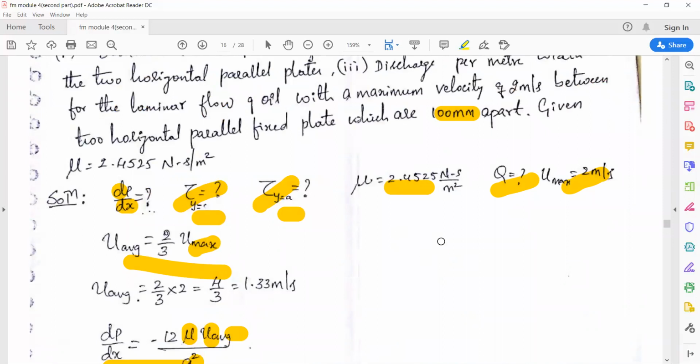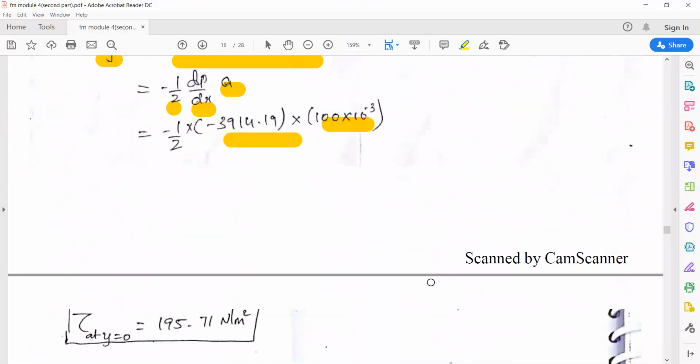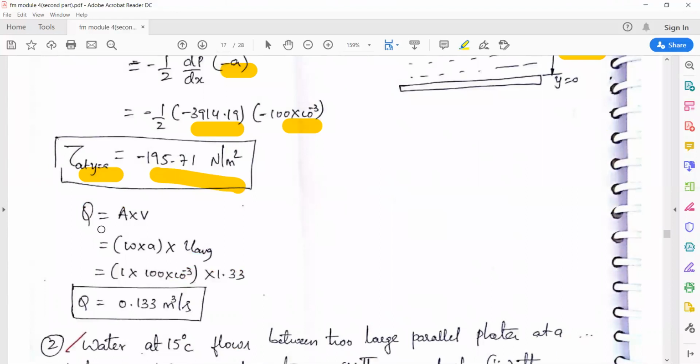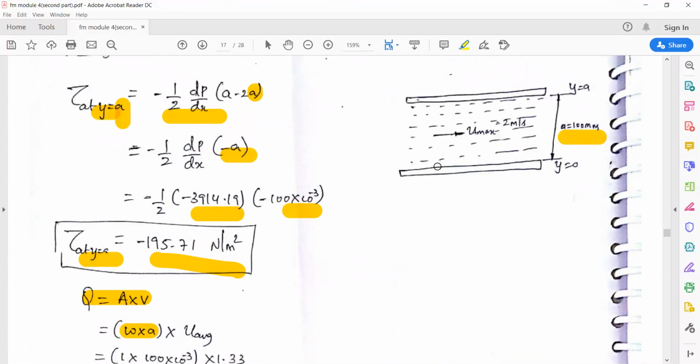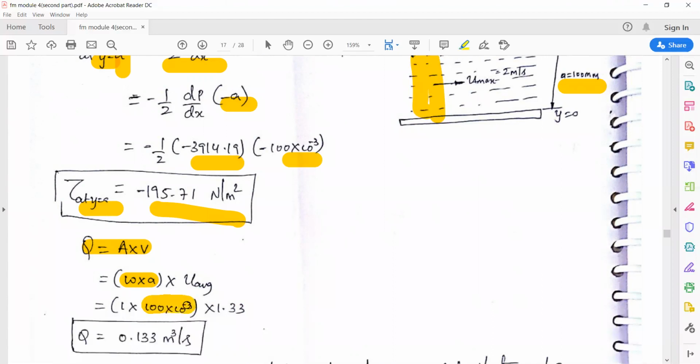And the third thing they have asked you to calculate is the value of discharge. Discharge is equal to area into velocity: Q is equal to A into velocity. Area is height into width, giving the area of the plate. Height is 100 mm, denoted by a, into width, which is taken as unit width.